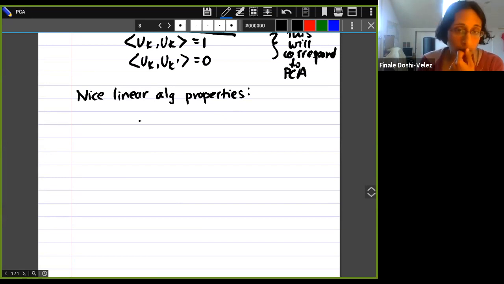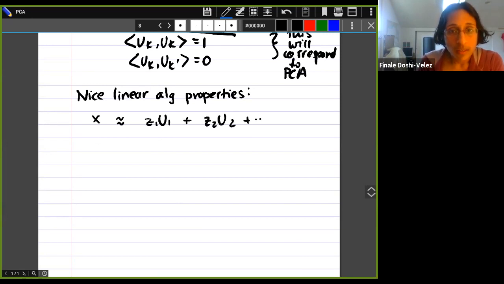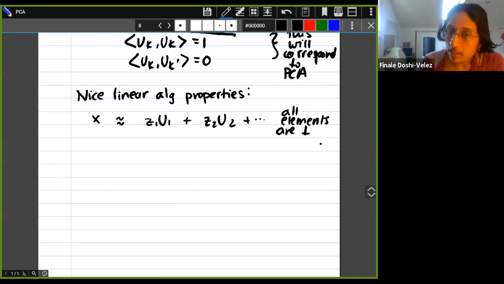Let's say that X is approximately equal to Z1 U1 plus Z2 U2 all the way out. And all elements are perpendicular to each other. They're orthogonal, right? So any set of U's are orthogonal to each other. So we're trying to do this approximation.